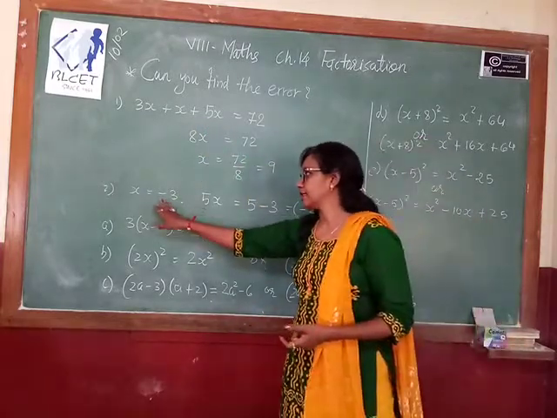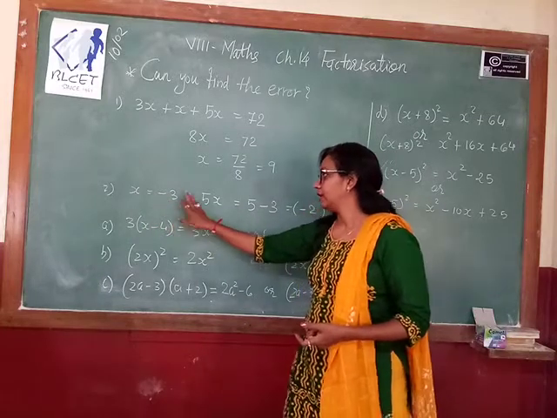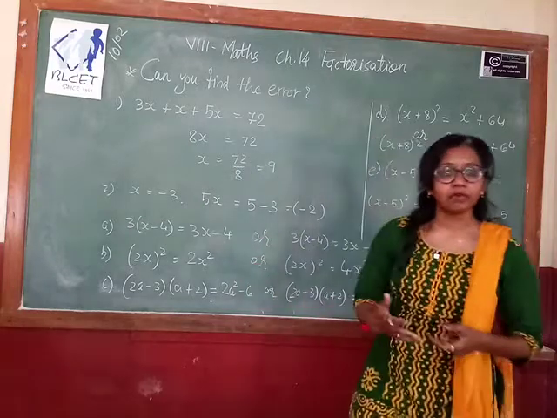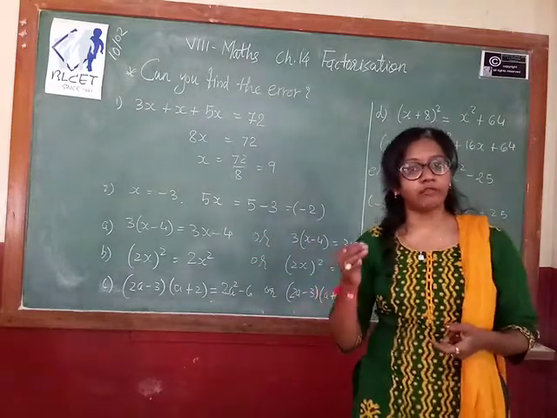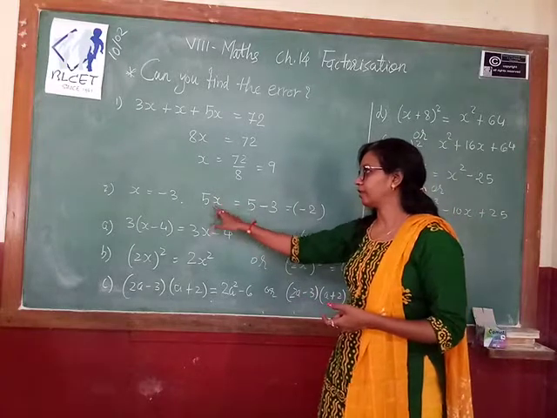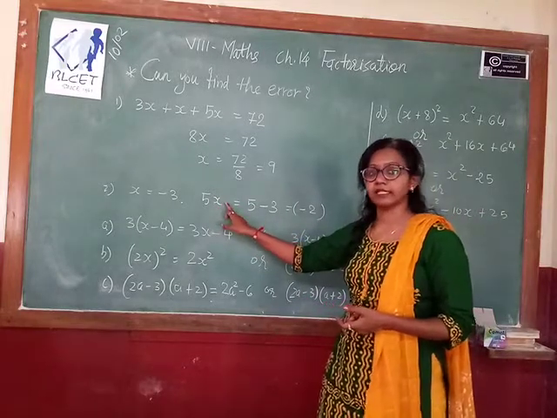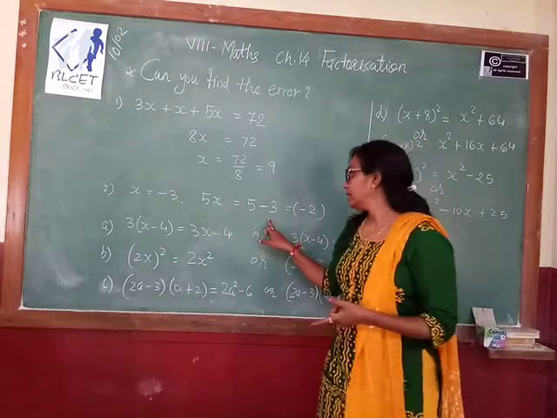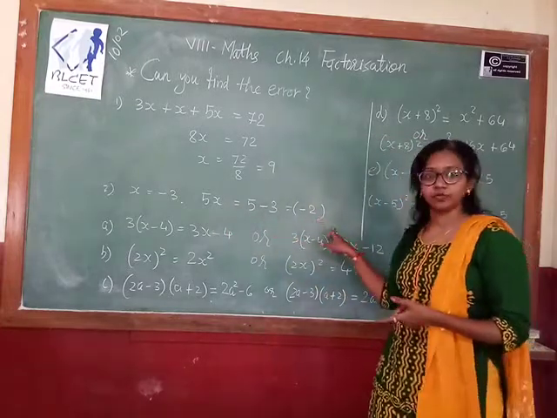Second, we have x is equal to minus 3 and we want to find the value of 5x. We have to substitute the value of x, that is minus 3, in place of x. So what do we write? 5 minus 3, which gives minus 2.